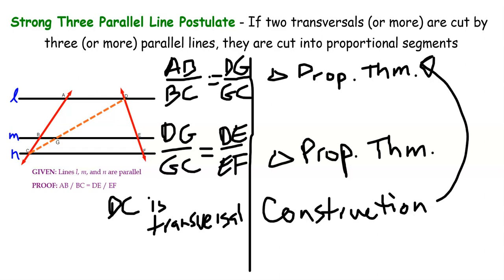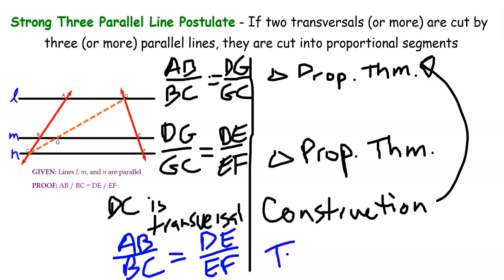Well, because we have all of those ratios equal to each other, we know that AB over BC must be equal to DE over EF, and that is because of the transitive property of equality. So not a terribly long proof, a relatively straightforward one once we add the extra transversal to create triangles ACD and FDC. So that is the proof of the strong three parallel line postulate.